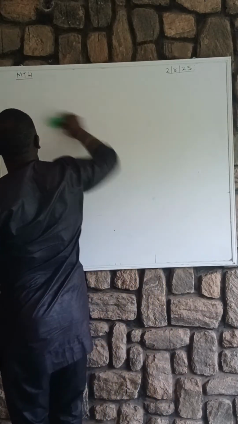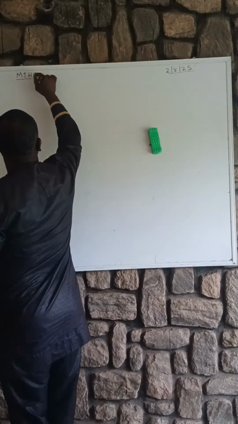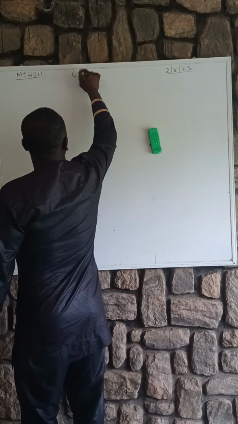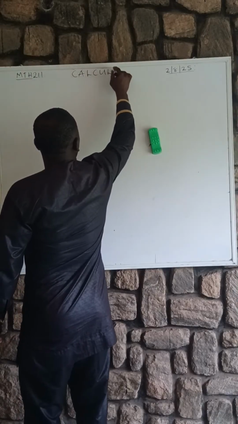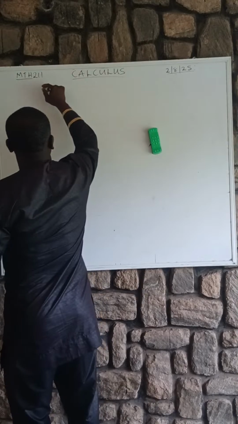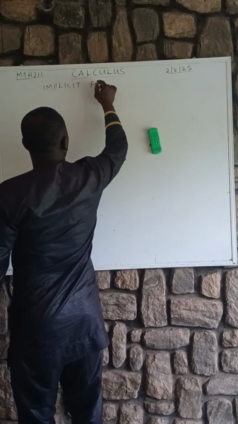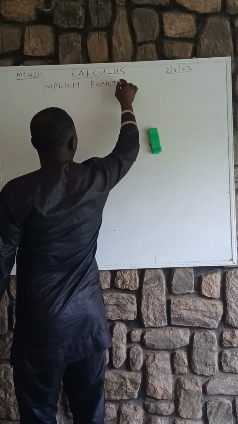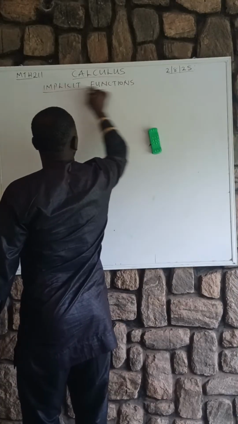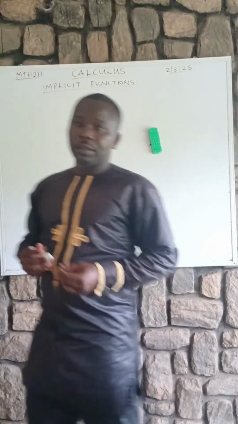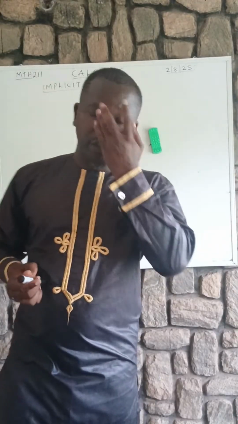So this morning we'll be looking at implicit functions in calculus. I think we looked at parametric functions and exponential functions for the past 2 weeks, if I'm not mistaken.